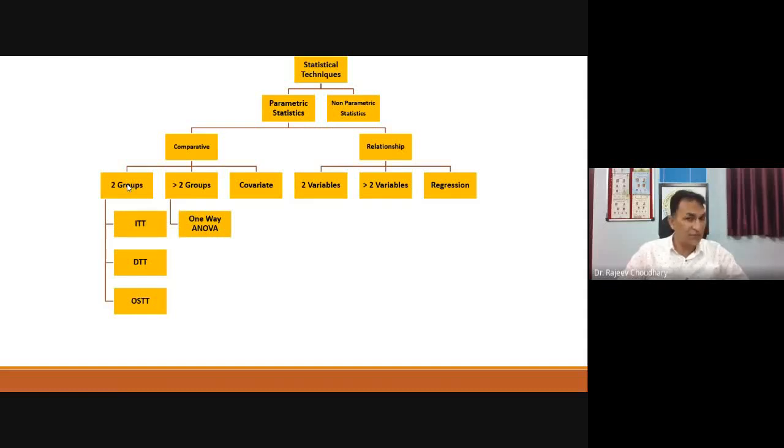Then the question arises, what is independent t-test? Independent t-test is used to compare two independent groups. Since one-way Anova is an extension, we can say that one-way Anova is used to compare more than two groups. Maybe 3, 4, 5, 6, 7, and of n numbers.